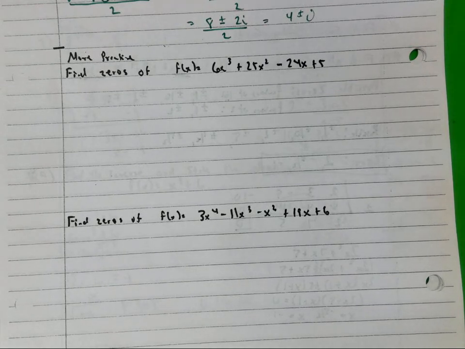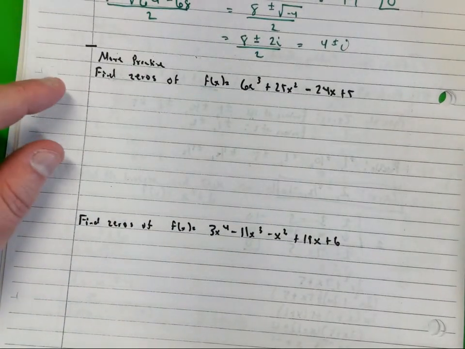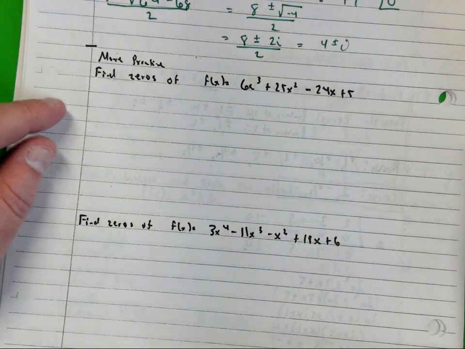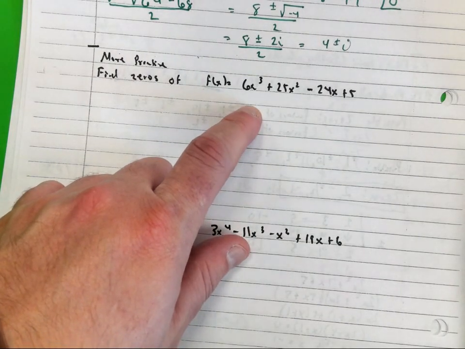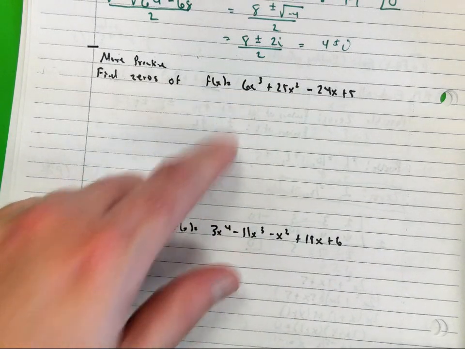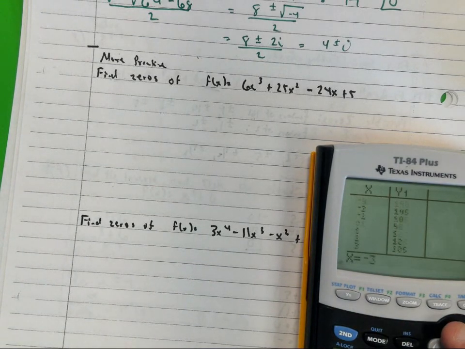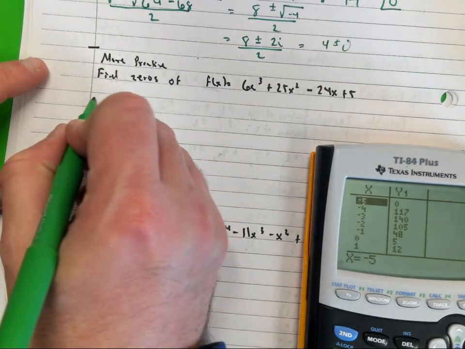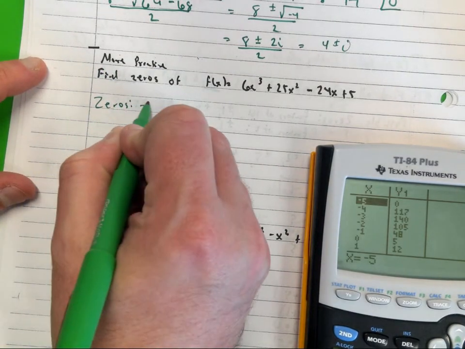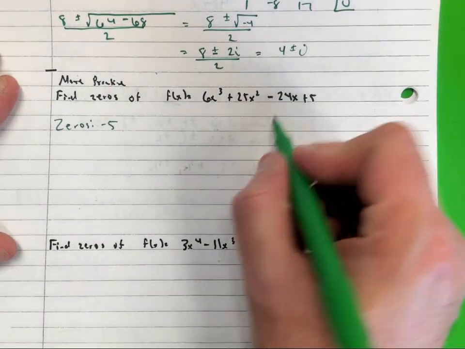Alright, so on this one right here, I'm going to input the problem. 6x cubed plus 25x squared minus 24x plus 5. It looks like it's going across at -5. It does, so I'm going to use that as one of my zeros. And I'll break that cubic down to a quadratic.